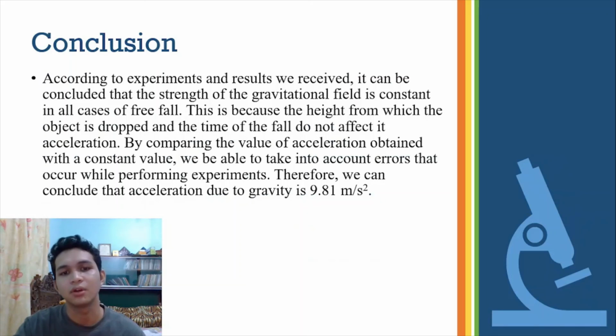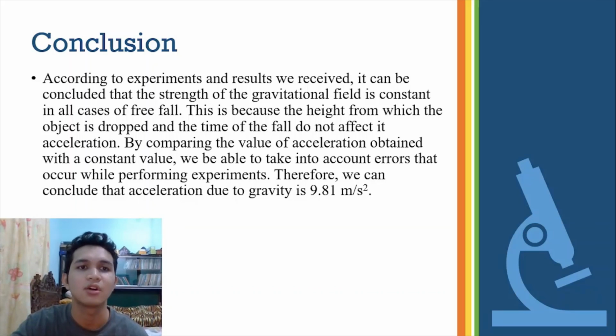Finally, we come to the conclusion. According to the experiments and results we received, it can be concluded that the strength of the gravitational field is constant in all cases of free fall. This is because the height from which the object is dropped and the time of the fall do not affect its acceleration.